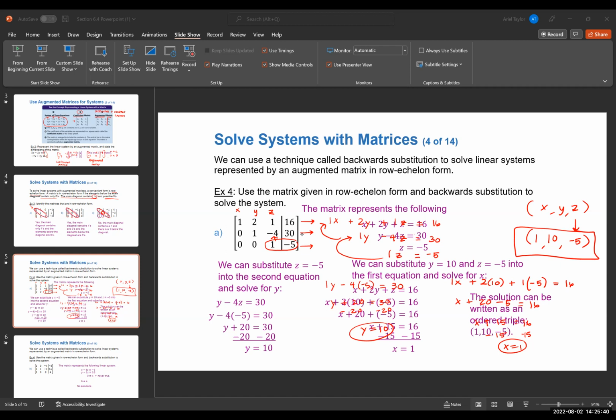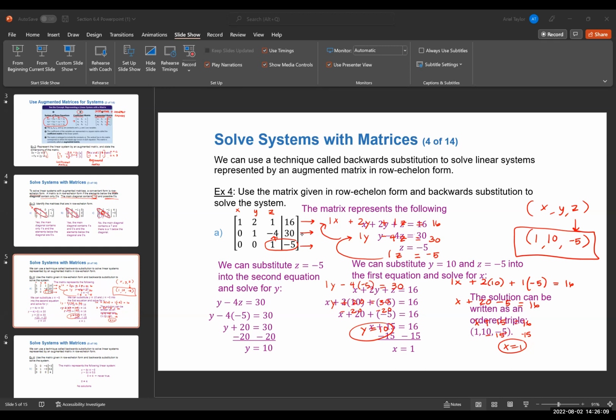0, 1, -4, 30, 0, 0, 1, and -5. So I just typed in those coefficients and those answers from my augmented matrix into my system solver.